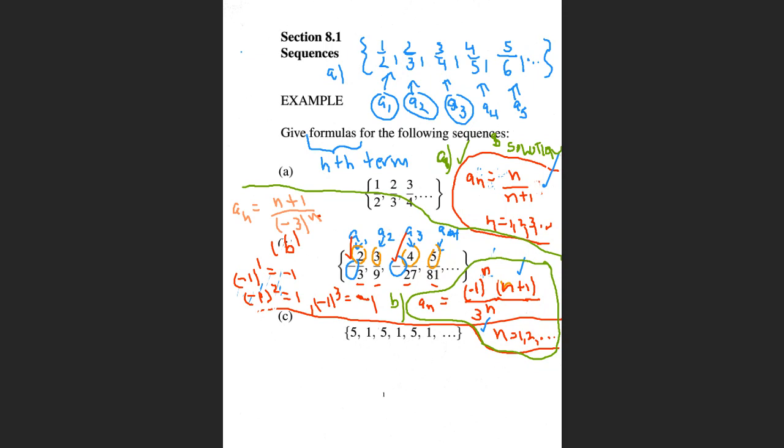Would that formula work? It would, because that formula is the same as this formula. They're the same. So it would. There are different formulas. You can get different answers that are correct.